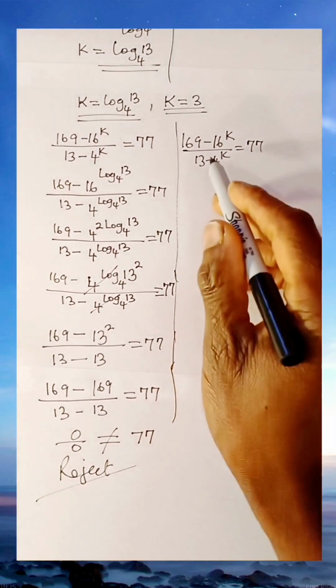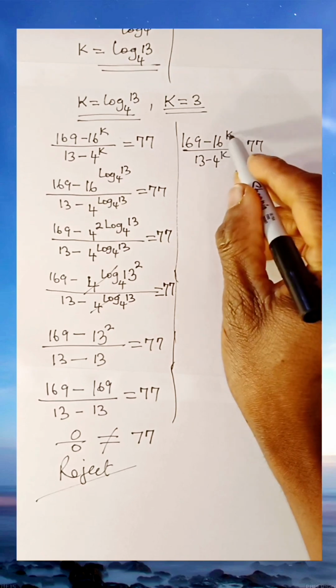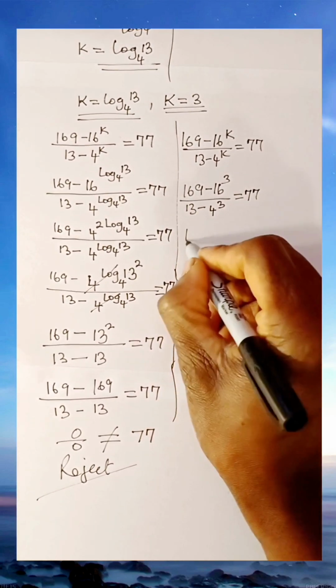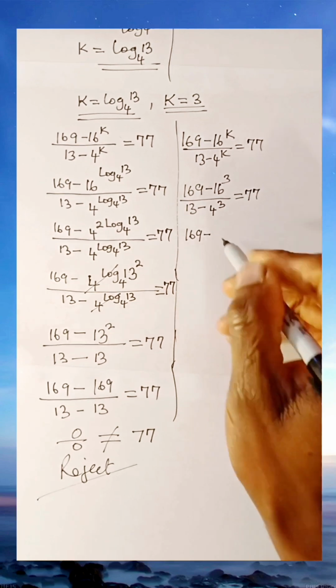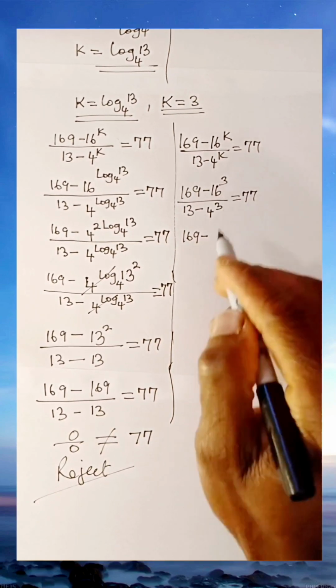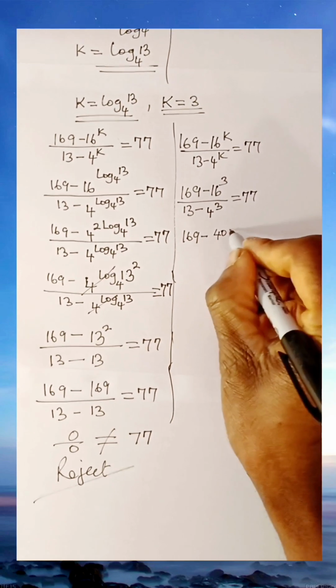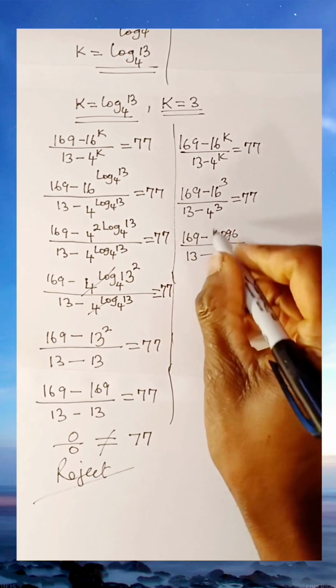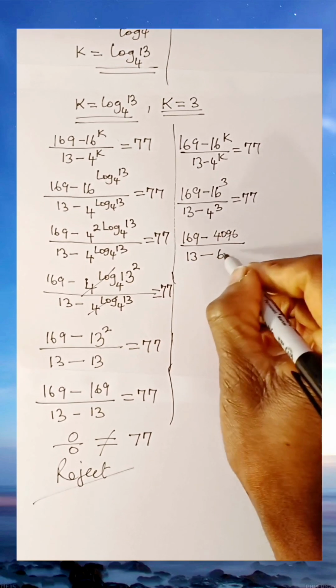Now let us verify the second case. We will replace k with 3. So we have 169 minus 16 raised to the power of 3, which gives 4096, divided by 13 minus 4 raised to the power of 3, which is 64.